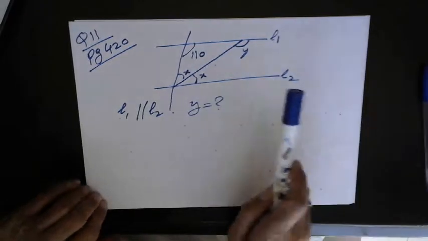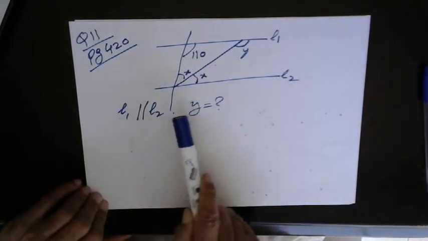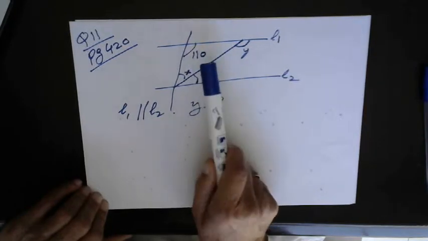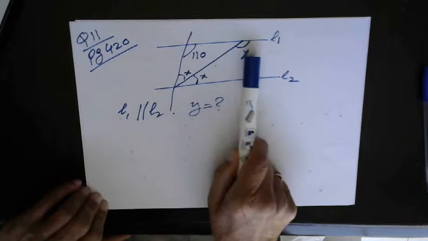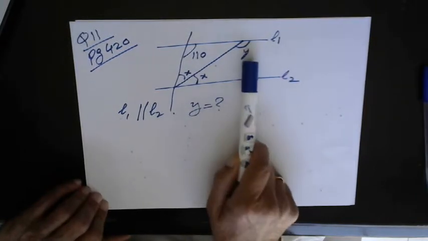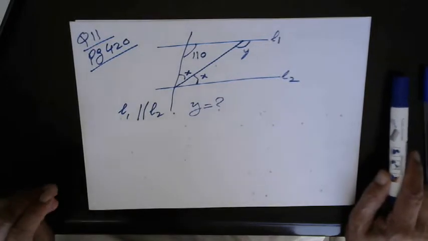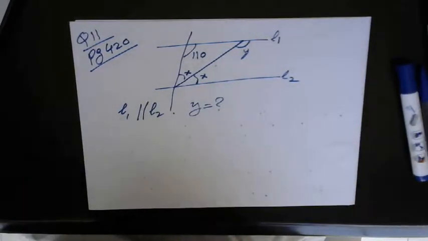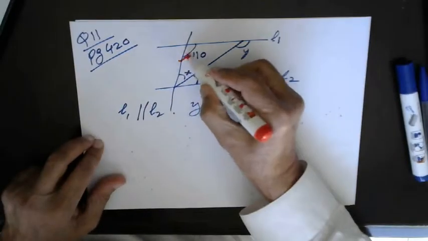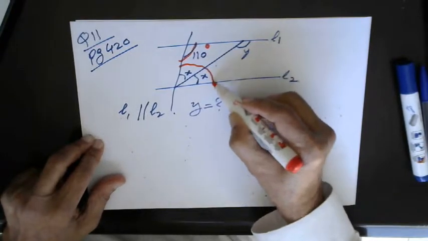In number 11, we have got two lines L1 and L2 and they are parallel. This is the figure. This angle is of 110 degrees. These two angles are equal. This is angle Y and we are required to find the value of Y. Now, first, if this angle is of 110 degrees, what about this angle?